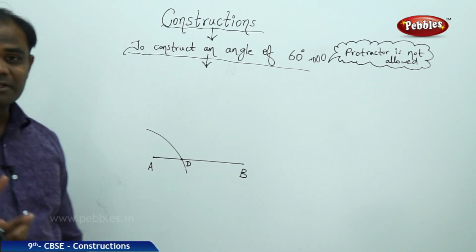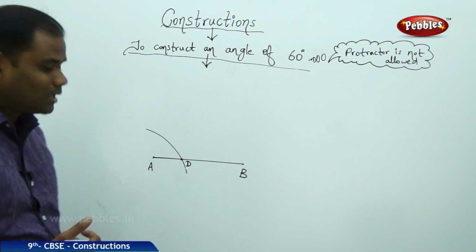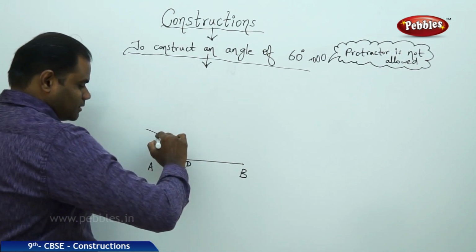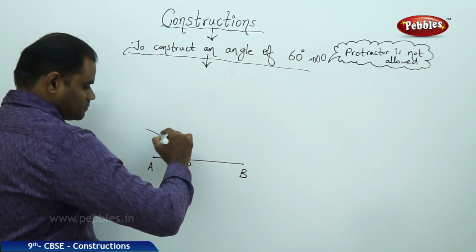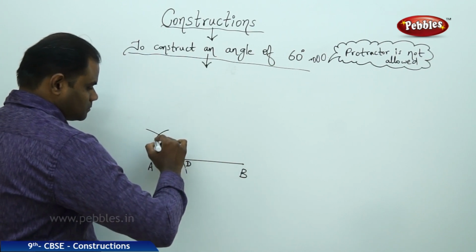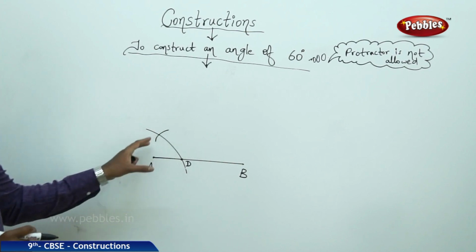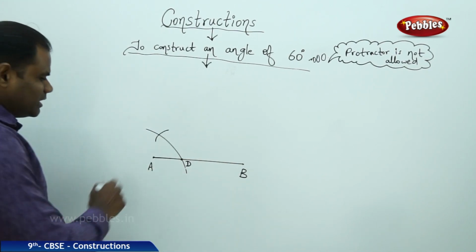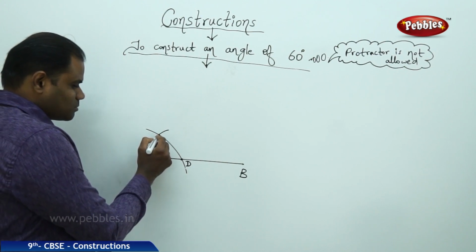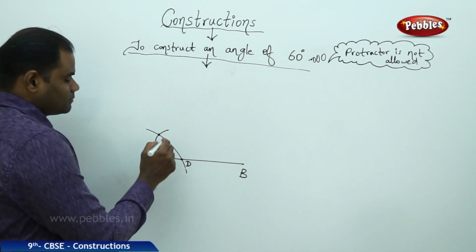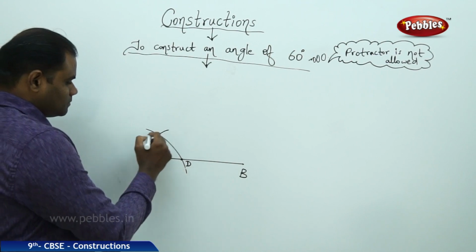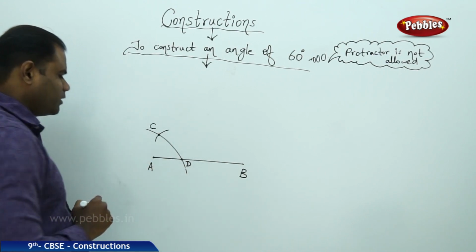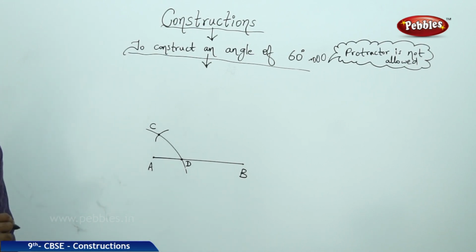Now with the same radius, without disturbing the compass, I put the pointer at D and cut with the same radius. With the pointer at D, I cut with the same radius, and the new arc which is formed clearly cuts the old arc at this point, say C. So here I have a point C where the new arc cuts.